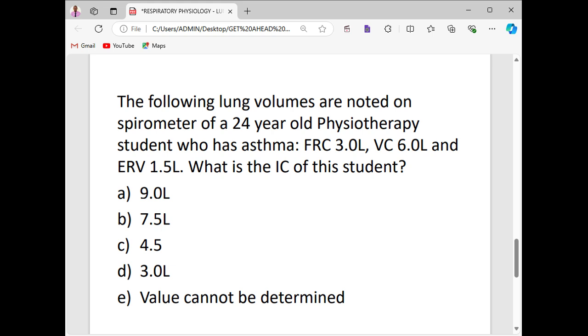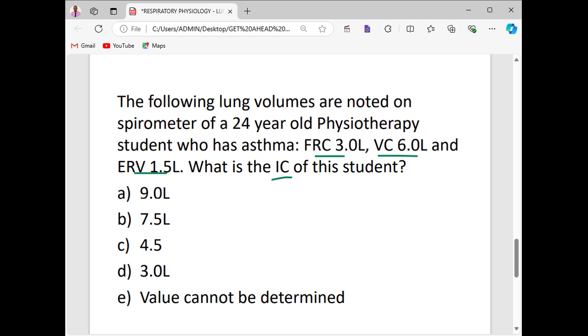We've been given FRC, VC, and also ERV. These are the things you've been given. The question is, you need to calculate the IC, the inspiratory capacity of this student.